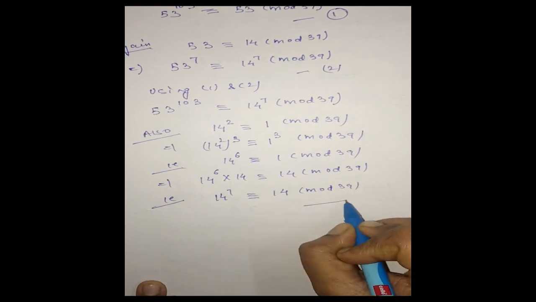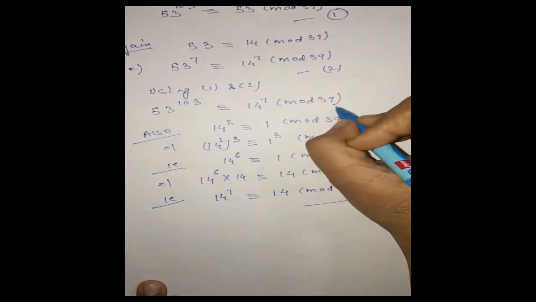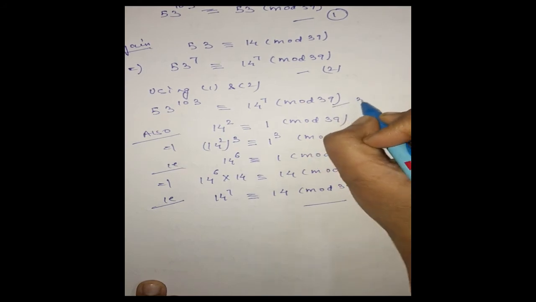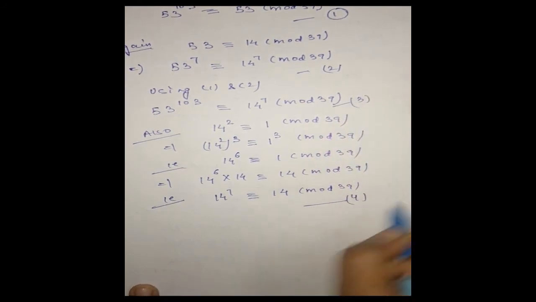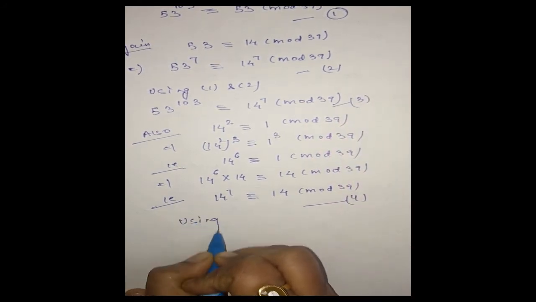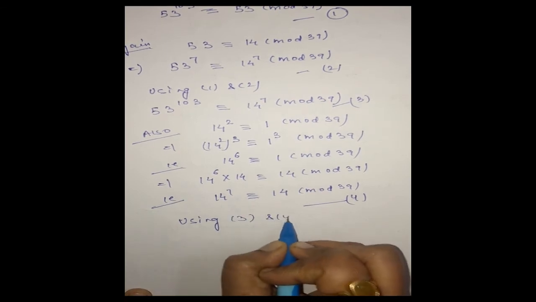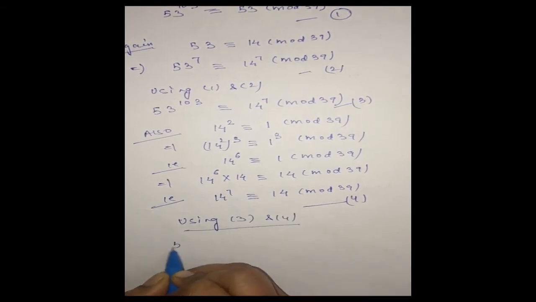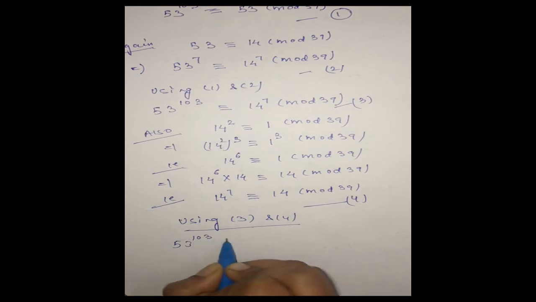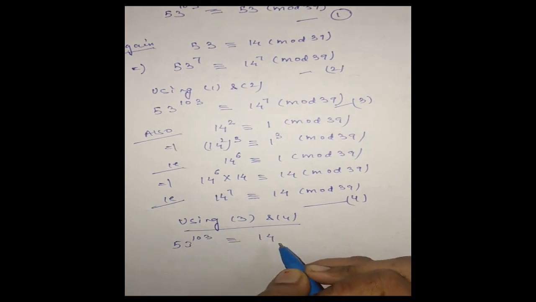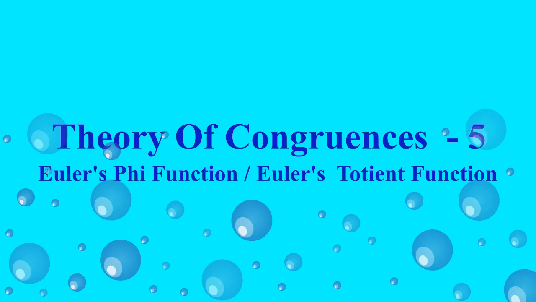Now mark this one as 3 and this one as 4. Using 3 and 4, we have 53 power 103 is congruent to 14 modulo 39. Mark this as 5.